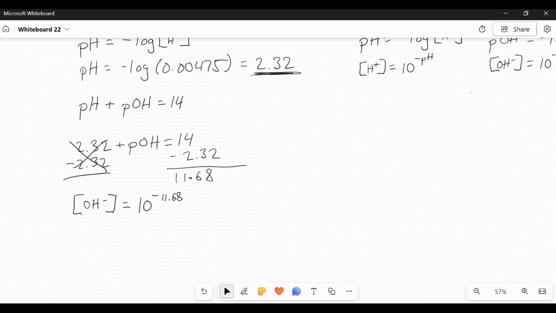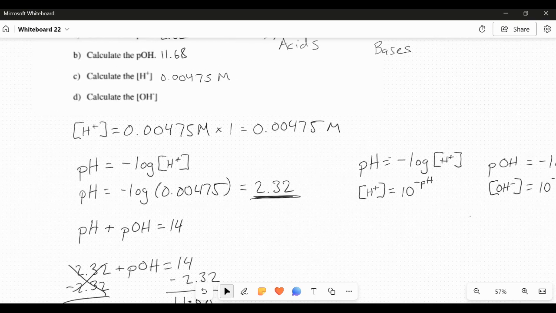And my answer is 2.09 times 10 to the negative, let me double check, negative 12. And this concentration is in molarity. All of these concentrations are in molarity. So my answer is 2.09 times 10 to the negative 12 molar.